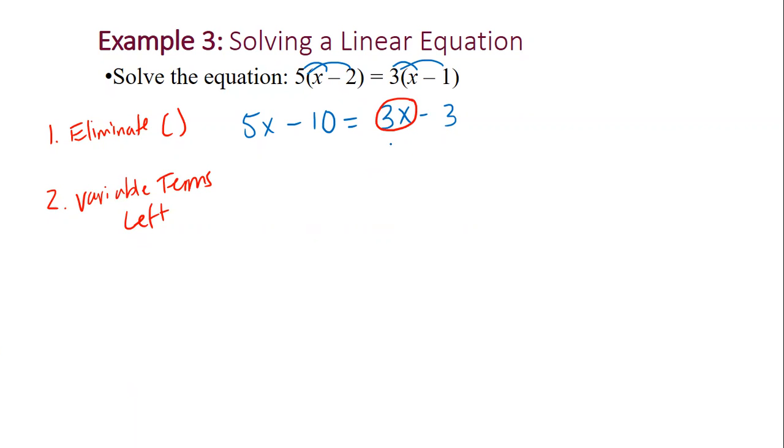In order to move a positive 3x, I'm going to subtract. And what I do to one side of the equal sign, I do to the other side. I simplify and I'm left with 2x minus 10 equals -3. Notice how the minus 3 stays with the 3. The operation stays with the number.